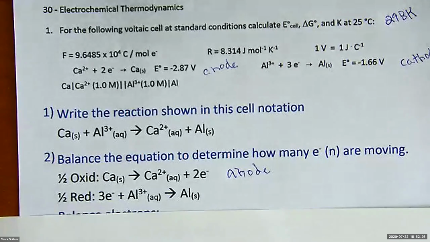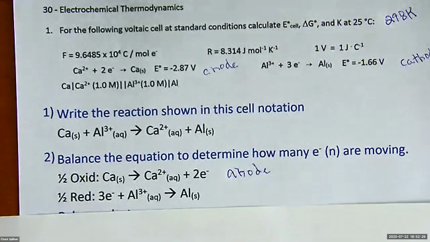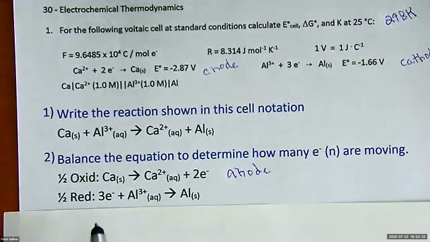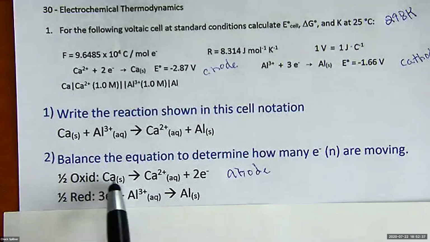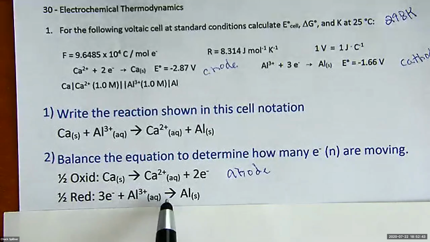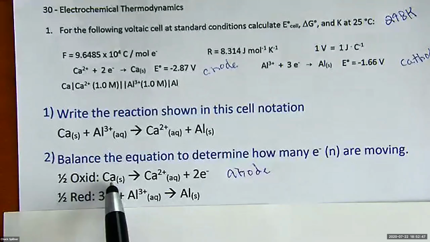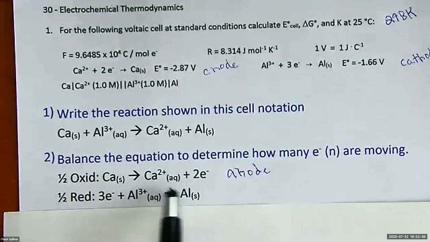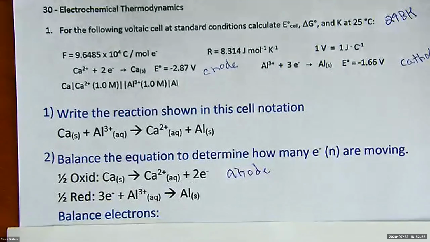If we make 6 electrons moving from the anode to the cathode, well, we can figure out how we can get 6 electrons from the calcium half reaction and how we can receive 6 electrons on the aluminum side at the cathode. If we multiply the calcium half reaction by 3, we get 6 electrons. And if we multiply the aluminum half reaction by 2, we get 6 electrons.